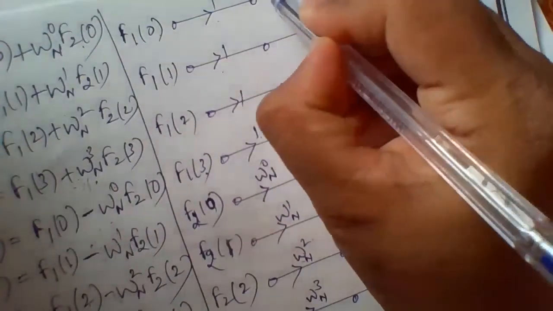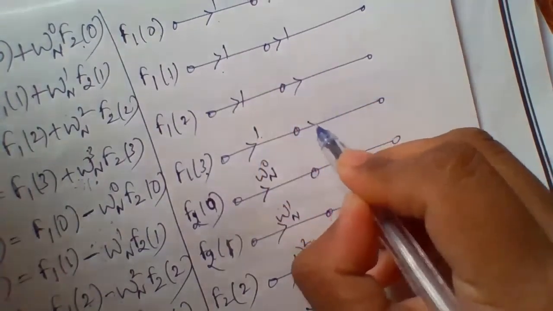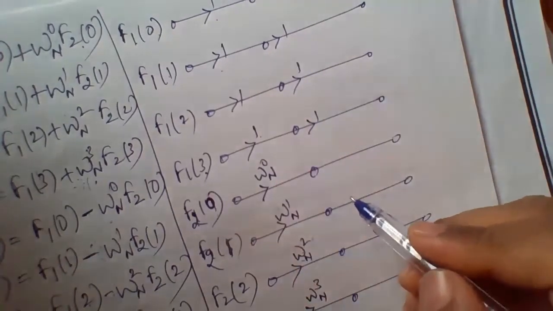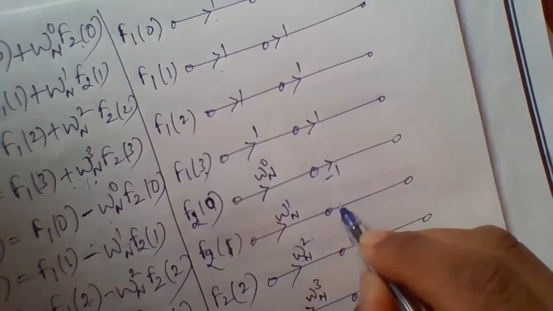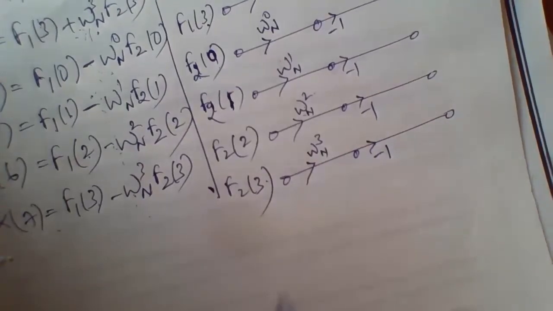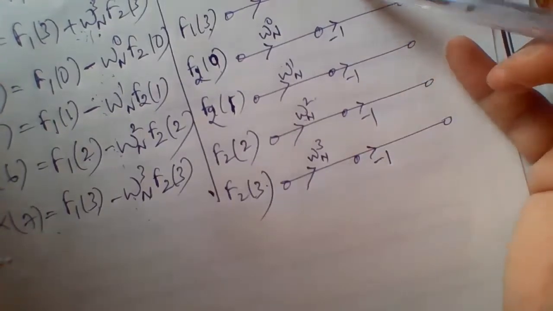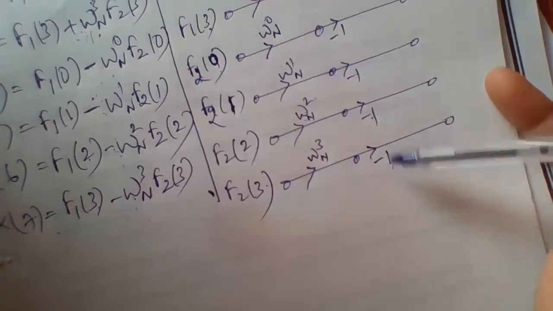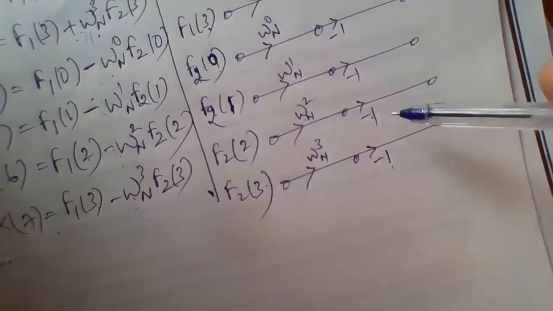And coming to the sign part, I have to write 1, 1, 1, 1: the first 4 are plus ones, then the remaining 4 are minus 1, minus 1, minus 1, minus 1. In the second stage, alternately we had 1, 1, minus 1, minus 1, 1, 1, minus 1, minus 1, that is 2 plus 1s and 2 minus 1s. So here 4 plus 1s and 4 minus 1s.